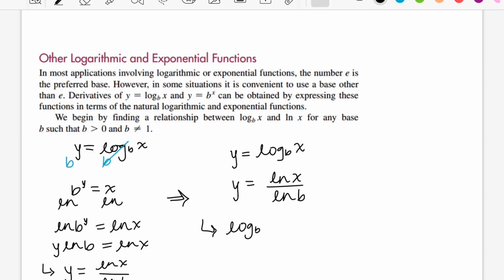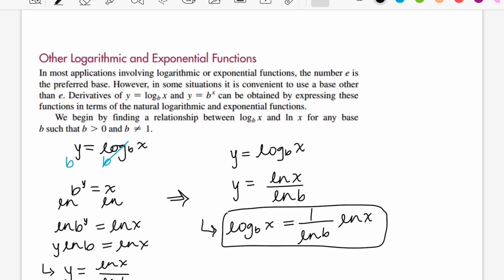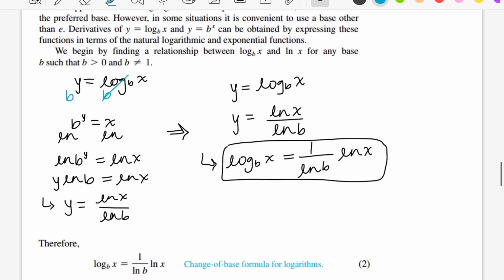So log base b of x is equal to 1 over ln b times ln x. That's how it's written in the book. This is called the change of base formula for logs, and finding this relationship using log base b of x is how we determine that.